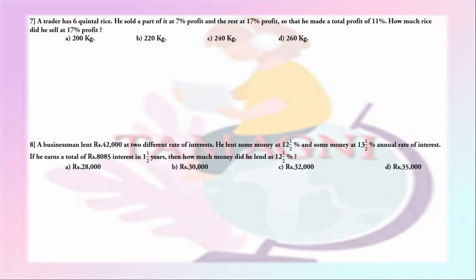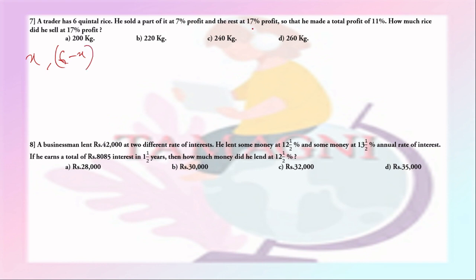A trader has 6 quintal rice. He sold a part of it at 7% profit and the rest at 17% profit, so that he made a total profit of 11%. How much rice did he sell at 17% profit? Here let us assume x quintal of rice at a profit of 17% and the rest, 6 minus x quintal, at 7% profit.